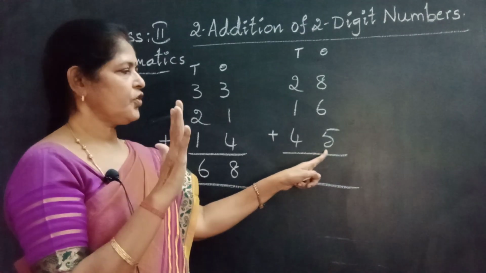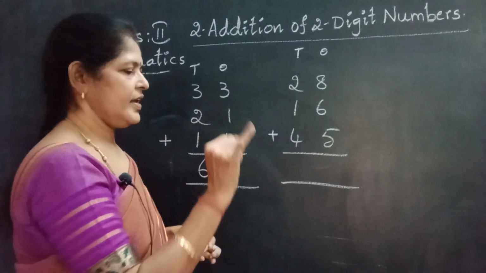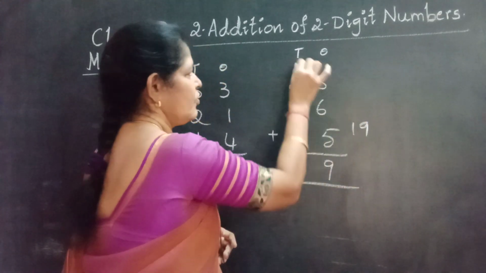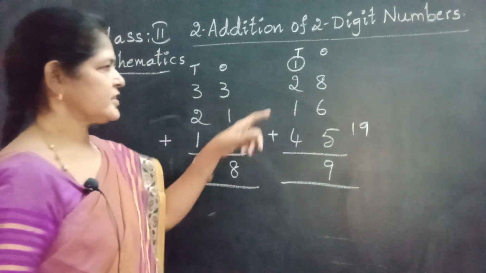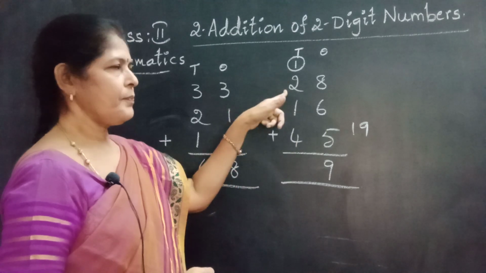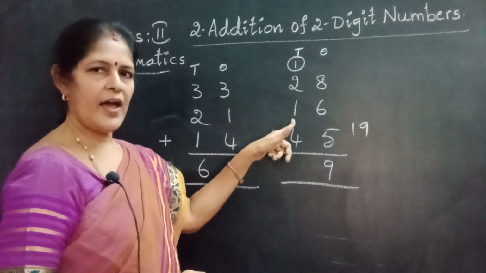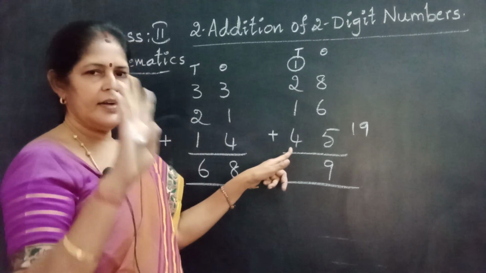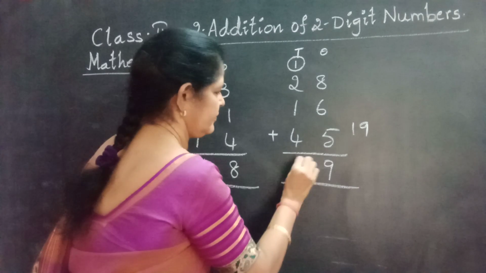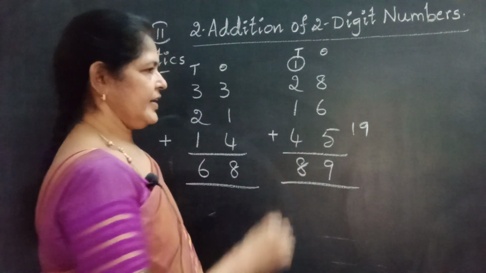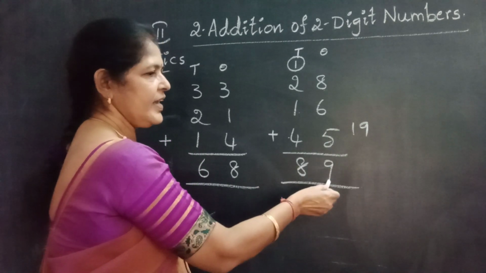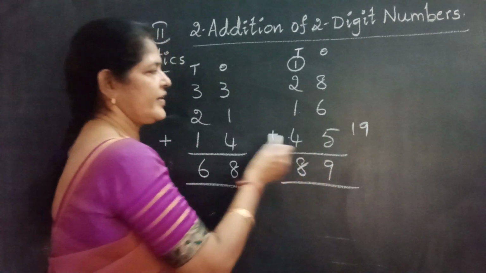Take 5 fingers, then 15, 16, 17, 18, 19. 9, write in the ones place. 1 carried forward to the tens place. Now 1 plus 2 plus 1 plus 4. 1 plus 2, 3. 3 plus 1, 4. 4 in the mind. Take 4 fingers, then 5, 6, 7, 8. What is the total? 89. 28 plus 16 plus 45. The total is 89, the result of addition.